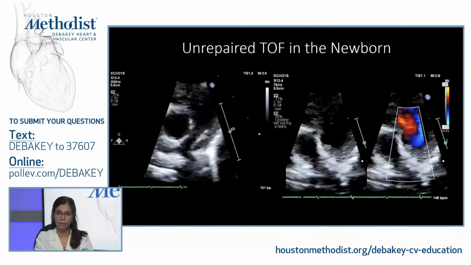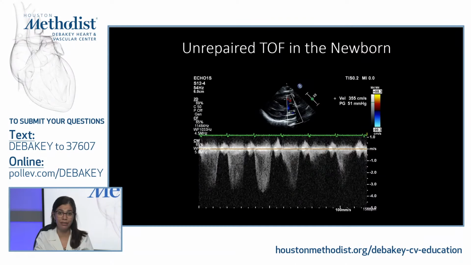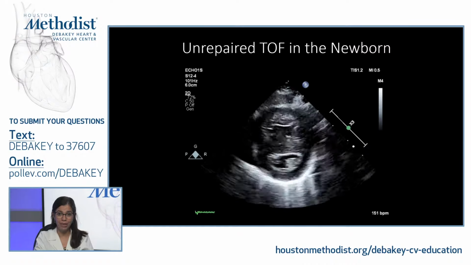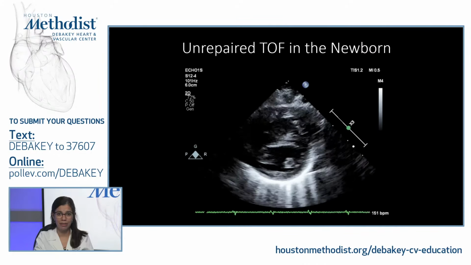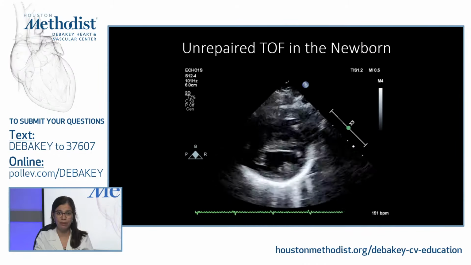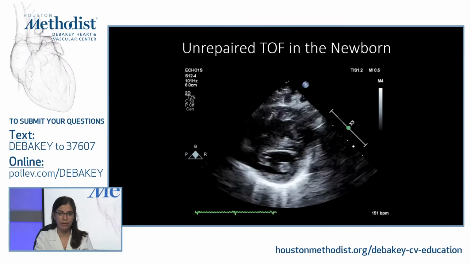Just adding color to that image, you can see significant RVOT acceleration that then with Doppler you can assess for the significance of the obstruction. So very high velocities across the RVOT. In short axis, you can assess the degree of right ventricular hypertrophy that is secondary to the RVOT obstruction.